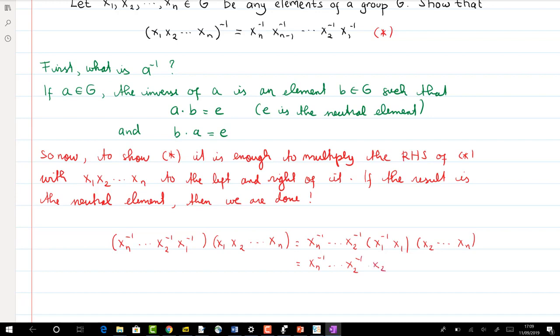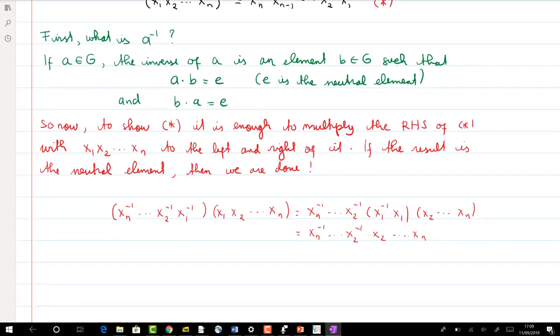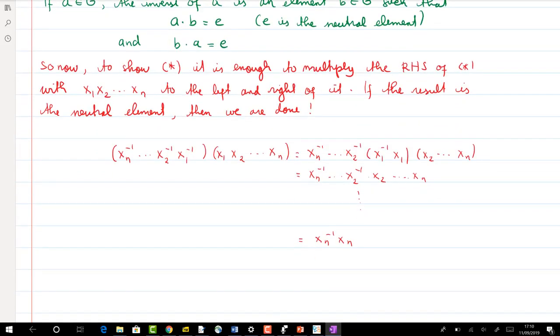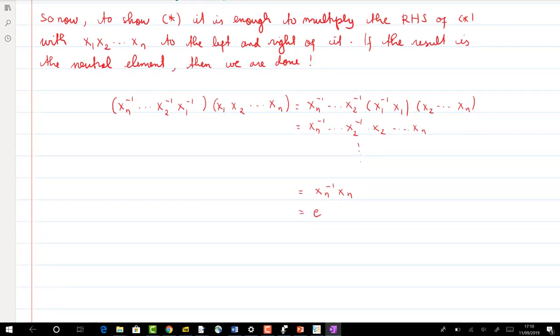Since x1 inverse times x1 is the neutral element, we can just erase it, or not write the neutral element. And if we keep doing that, for example, x2 inverse times x2 becomes the neutral element, then at the end, we have xn inverse times xn, which is the neutral element.